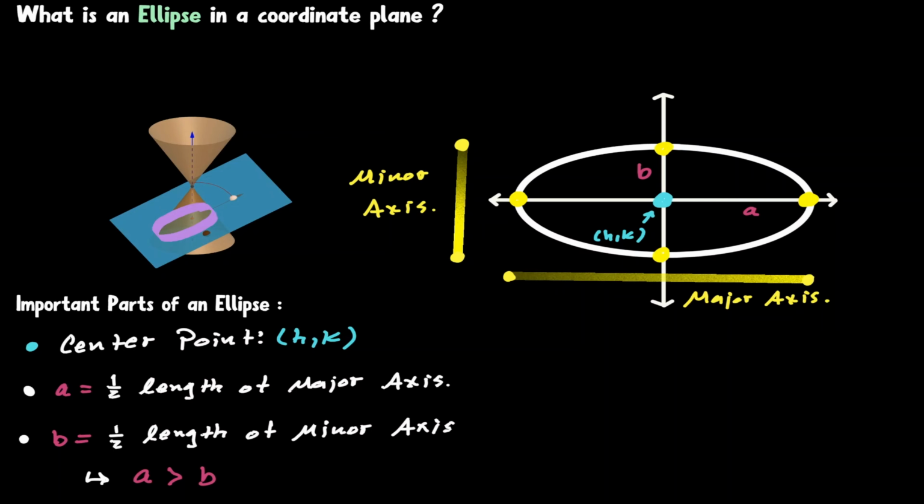Now next, we have to acknowledge that an ellipse doesn't have one focus point, but it actually has two focus points. And they are located on the major axis. So let me use the expression f1 to represent focus number 1, and let me use the expression f2 to represent focus number 2. And what's unique about these focus points is that they are equidistant to the center of the ellipse.